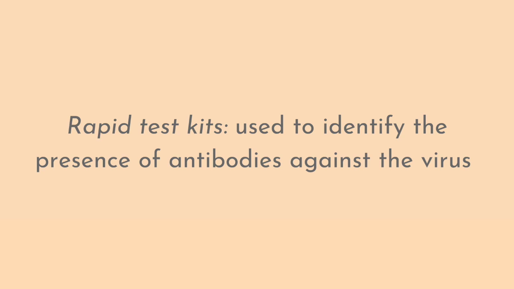Because the RT-PCR test looks for the virus, it will only test positive if there is an ongoing infection. The second test is known as rapid testing kits, which is also known as serological testing. In this testing, scientists target the immune system of the infected against the virus.